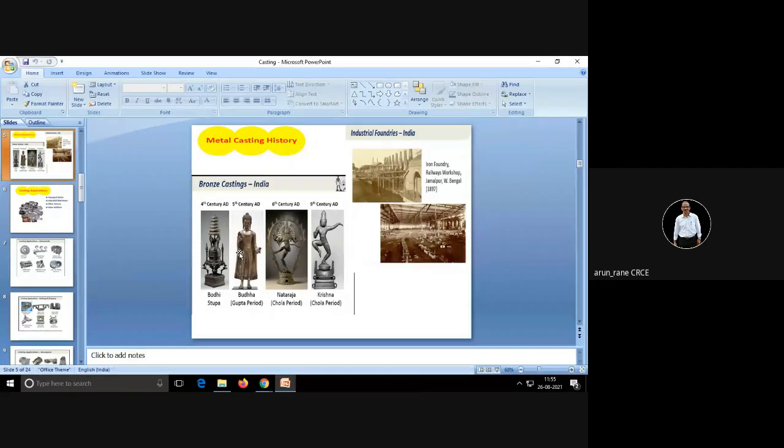It doesn't rust. The railway workshop at Jamalpur, West Bengal, has the biggest foundry. One more foundry you can see is our Central Railway at Matunga, they have a huge workshop. It's a very beautiful workshop. If you get a chance, try to do an internship for at least a period of 1 month.